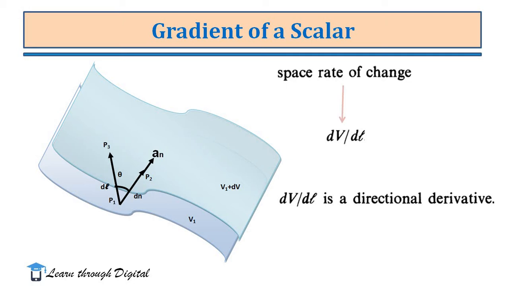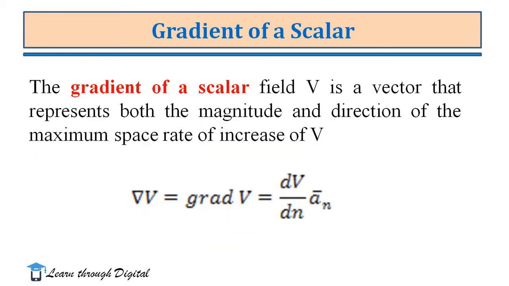For the same change dV in V, the space rate of change dV by dl is greatest along dn because dn is the shortest distance between two surfaces. Since the magnitude of dV by dl depends on the direction of dl, this dV by dl is a directional derivative.